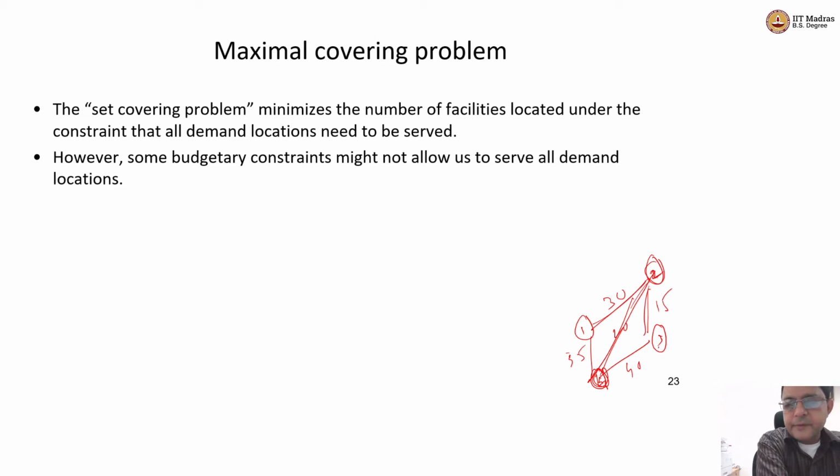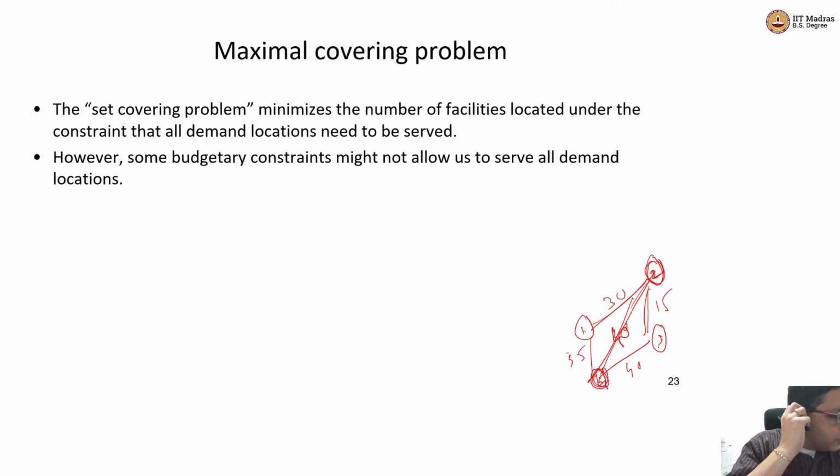All 3 nodes are covered. If I decide to have a facility at 1, it covers node 2, but that's all. So you have all these constraints. Let me put this as 40. And let us say that I am trying to decide on the facility at 2.